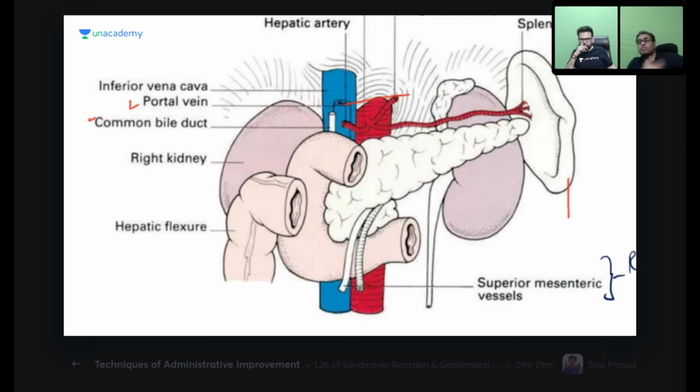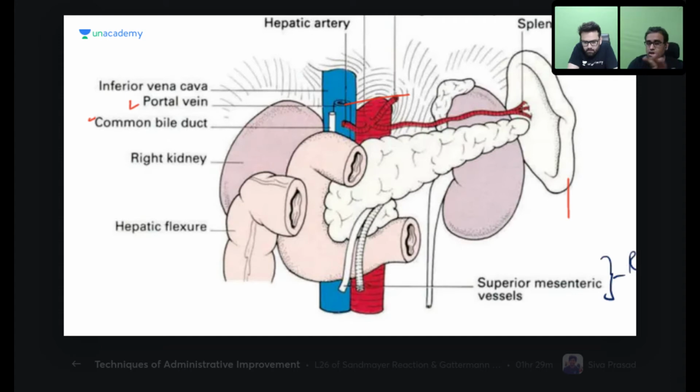It is 3 centimeters anterior to the mid-axillary line. You have the 9th, 10th, 11th ribs over here, where you have the spleen. At the mid-axillary line, its surface marking, I'm telling you, is 3 centimeters more anterior. So I'm just giving you an idea that this organ, don't confuse it with this 2D image, it is more anterior to the pancreas.